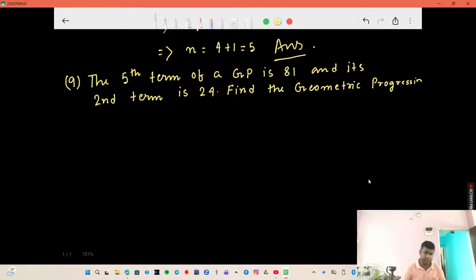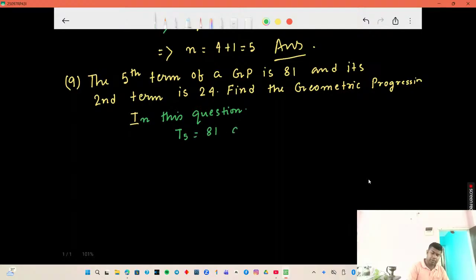So here in this question, it is given as T5 is equal to 81 and T2 is equal to 24. Is it clear to you? So now what will be the value of T5?